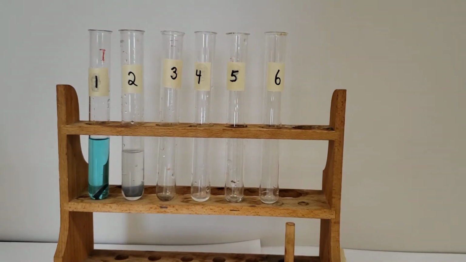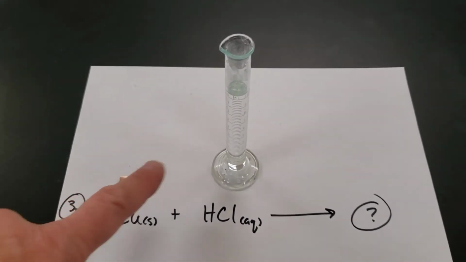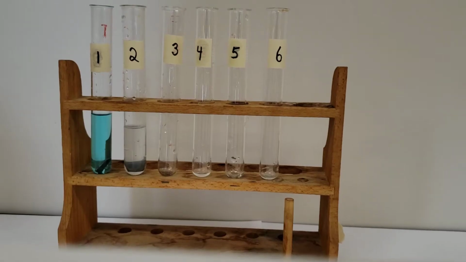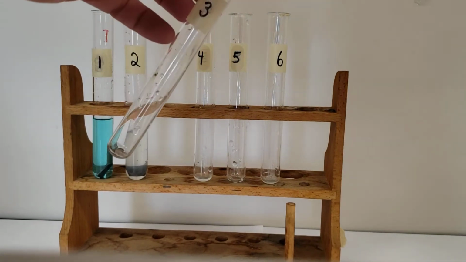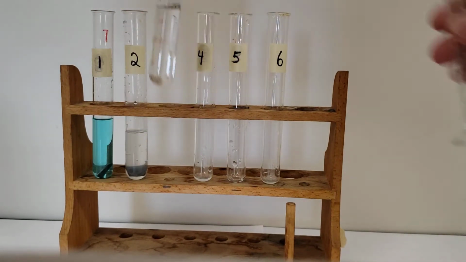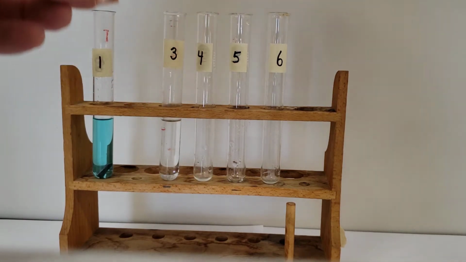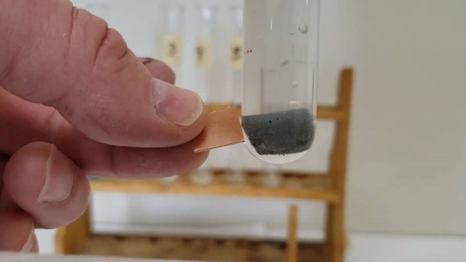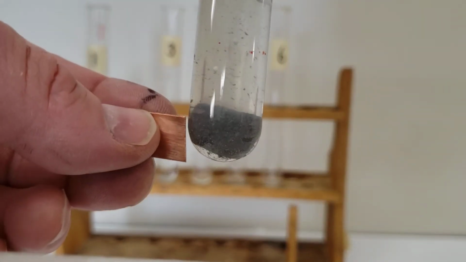And then we'll look at reaction number 3. Reaction number 3 has copper again, but this time we're adding it to an aqueous solution of hydrochloric acid. Okay, so reaction 3, we'll add the hydrochloric acid, and to that we'll add the copper. Just to note what copper looked like originally with reaction 2, you can see, oh yeah, and see those chunks there too floating around.